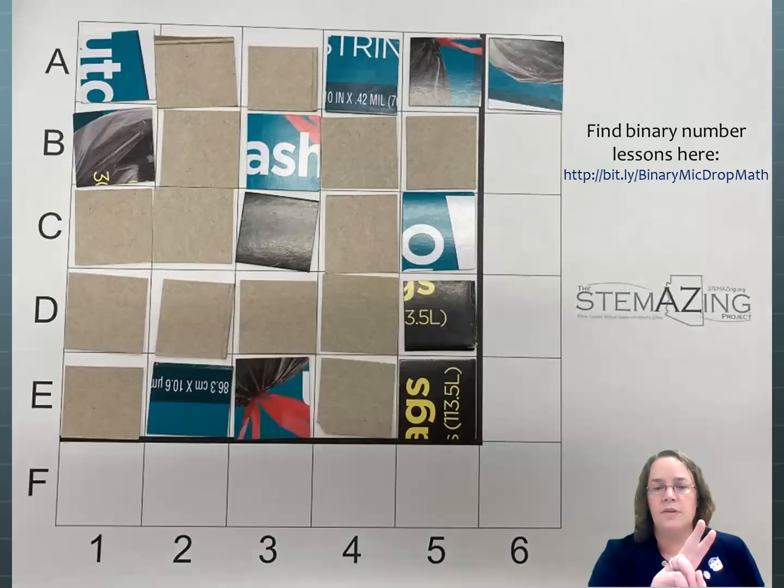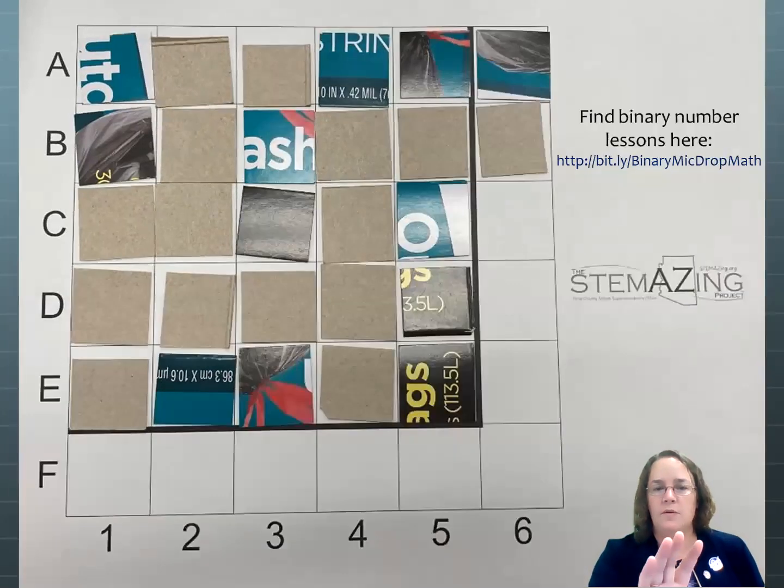So now we have 4 that are printed and 2 that are cardboard. On the next row B, we have 2 that are printed and 3 that are cardboard. So in order to make both even numbers, what we need is a cardboard side up. And so we'll put that one cardboard side up. So now in row B, we have 2 that are printed and 4 that are cardboard.